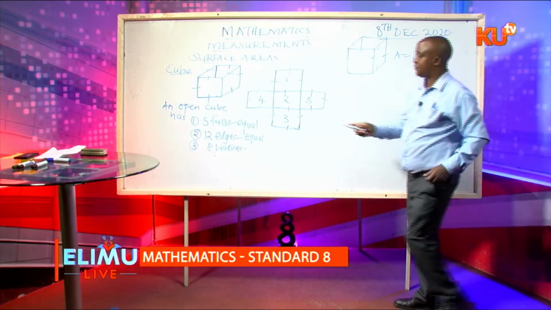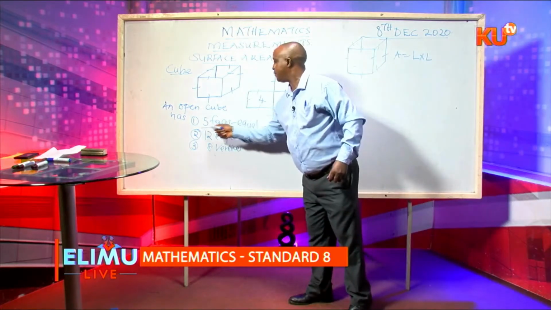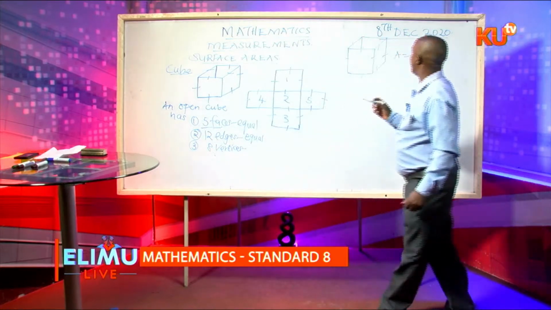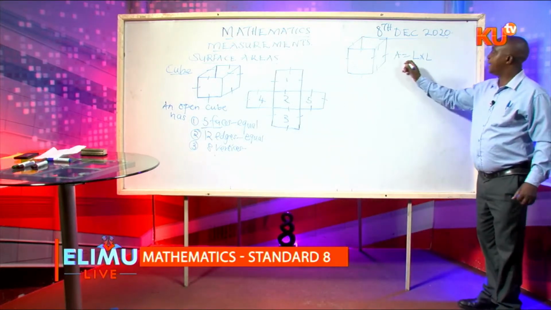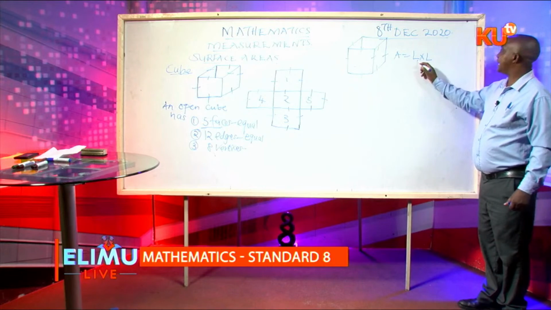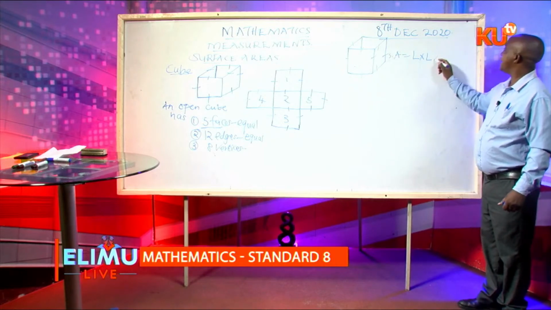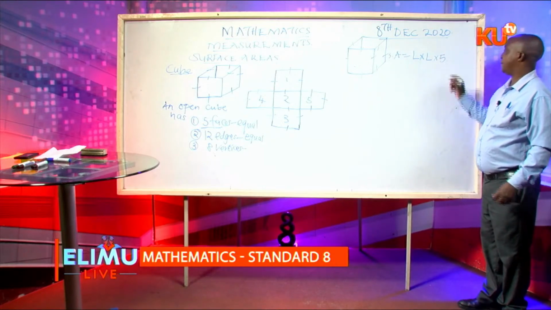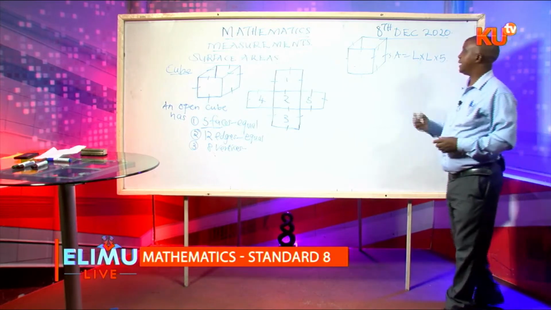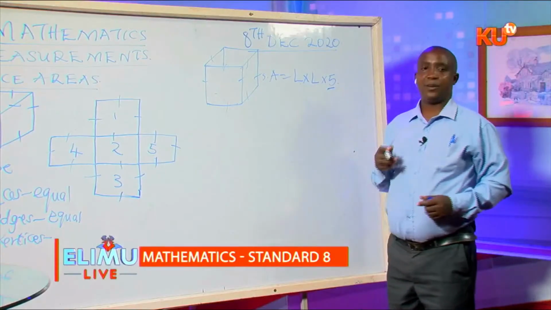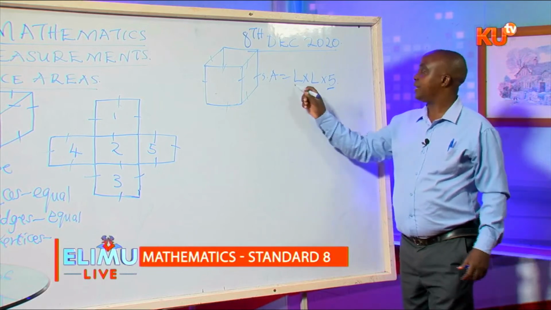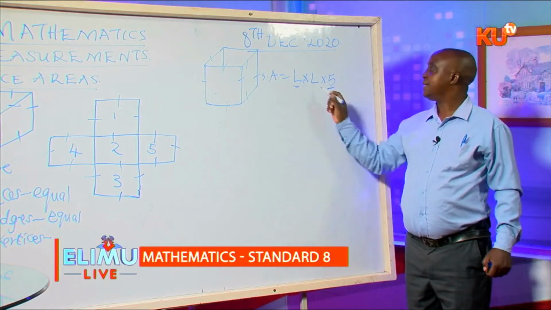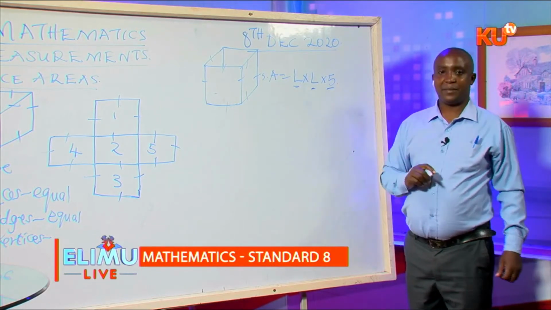But when it is open, it has 5 faces. So to get the area, it will be area of one face, which is length times length. Then we multiply by 5, because it has 5 faces, and all these 5 faces are equal. That is why we multiply length times 5.